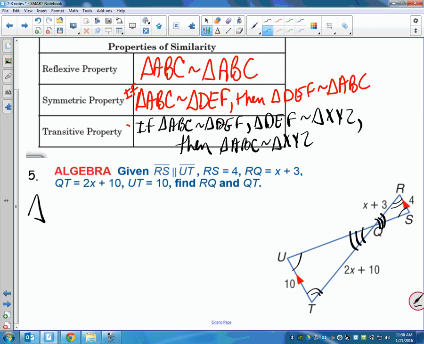So we need to say that we know triangle RQS is similar to triangle UQT.